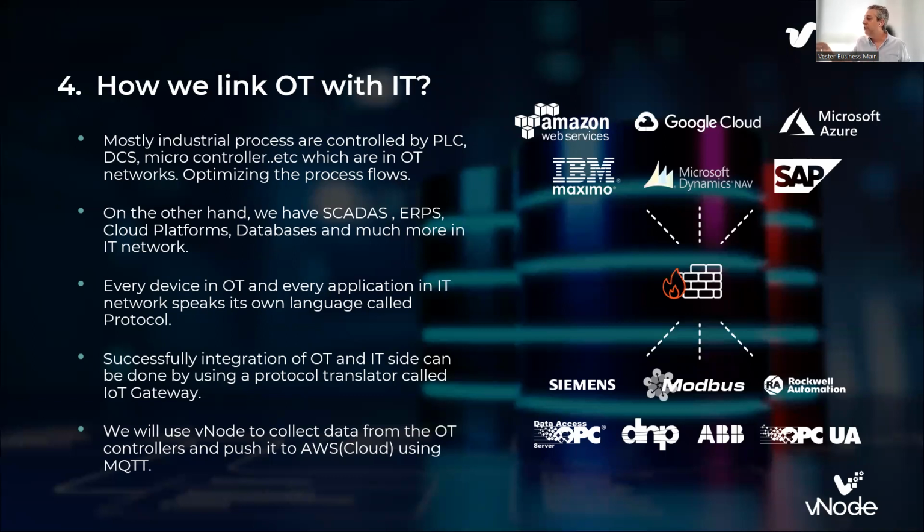We are going to use vNode to move the data securely from one network to another. In this case, we're going to move the data from my network in my office, a secure network, actually. The data is going to come from simulators, but we're really moving data from some simulators running in a virtual machine in my office to Amazon Web Services, okay, with complete security and encryption.